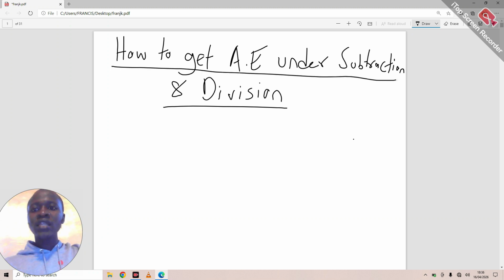Remember previously we tackled how to get absolute error under addition and multiplication. They rhyme. So subtraction rhymes together with division, and addition rhymes together with multiplication.